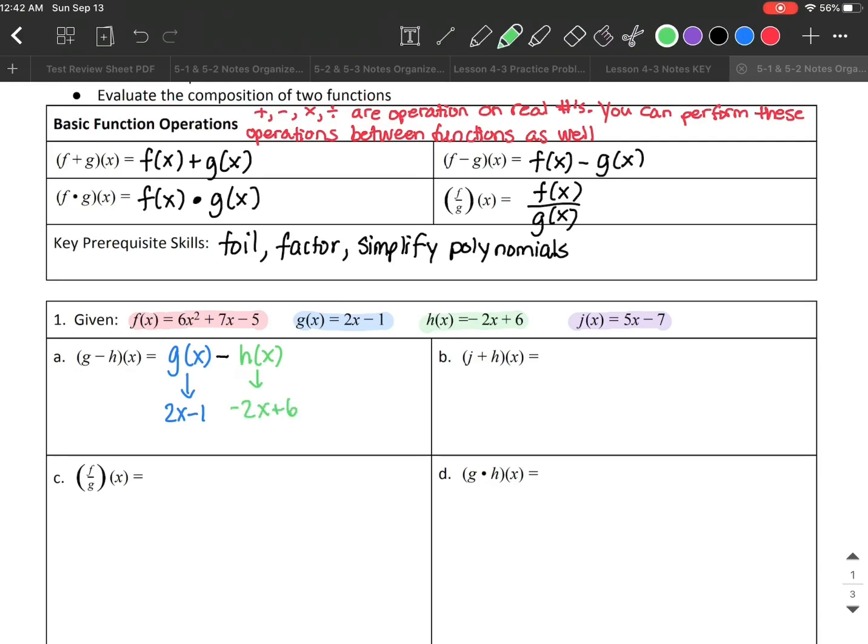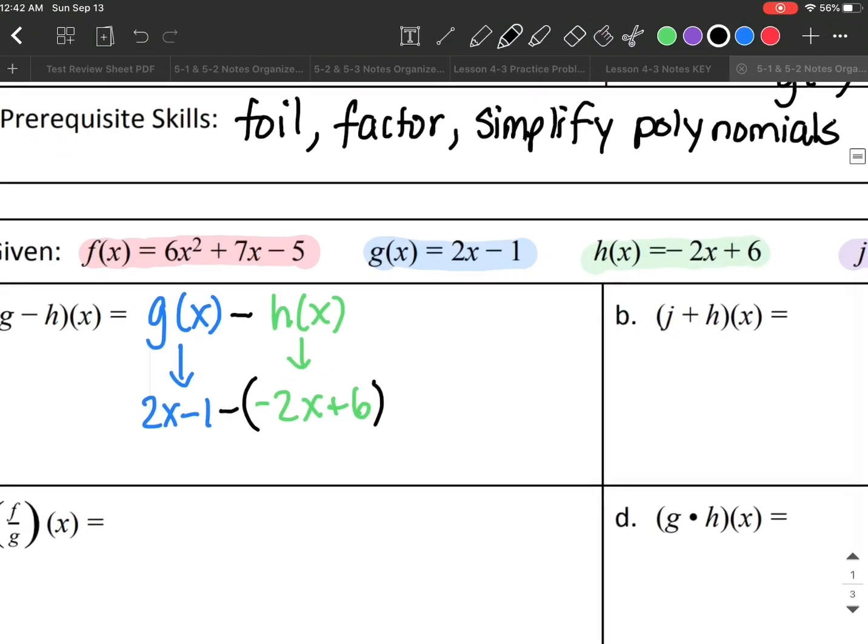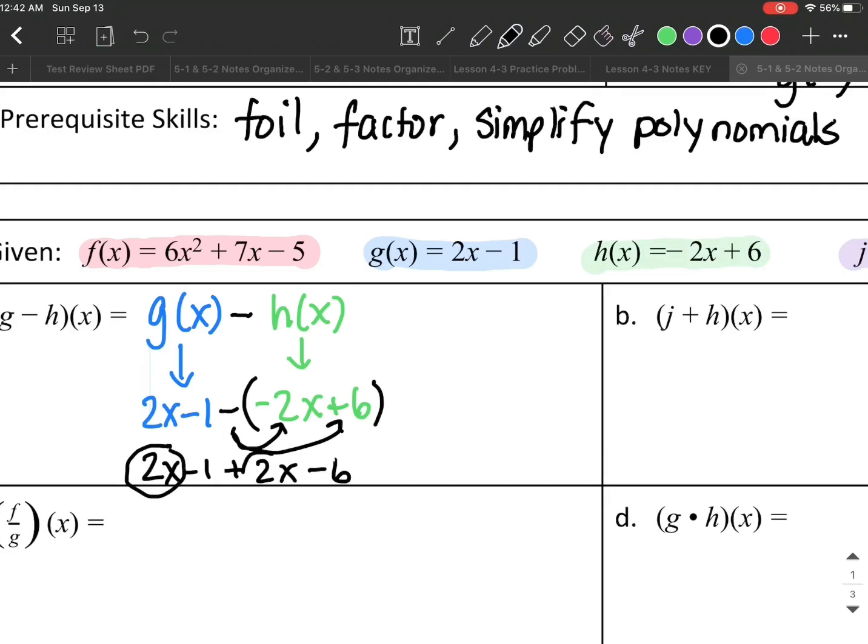I need to make sure I put negative 2x plus 6 in parentheses since I am subtracting, because I will have to distribute that subtracting. So I'm going to distribute the minus sign to both the negative 2x and the 6, and I'm going to get 2x minus 1 plus 2x minus 6. And then when I collect my like terms, so I collect my x's, I'll have 4x.